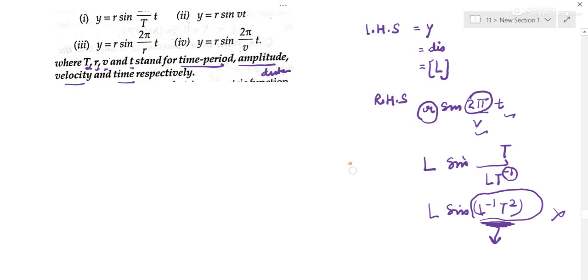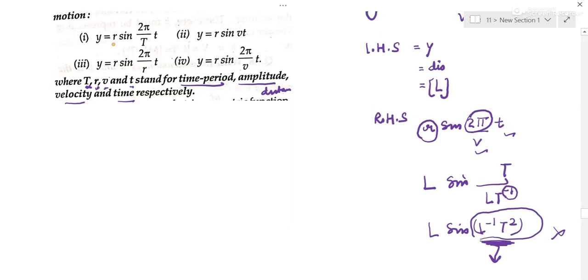So let us check where sine is dimensionless out of these four. That will be correct. Because r is there with everyone. Now we have to just check this part which is dimensionless. Which is coming dimensionless will be correct. Okay, so let us check third now. We are only checking the sine part, this portion. So it is 2 pi by r into t. 2 pi is dimensionless.